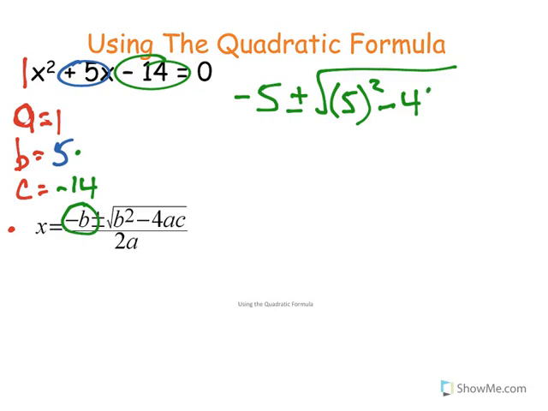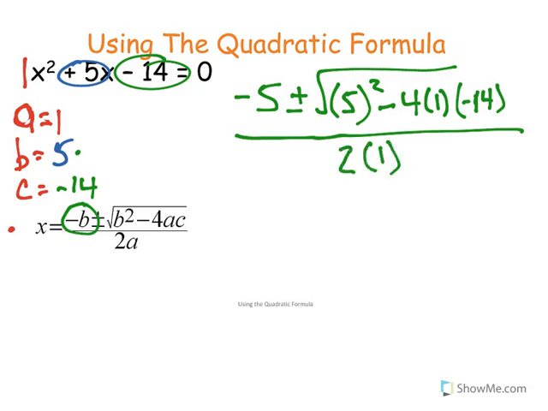Negative 4 times a, which is 1, times c, which is negative 14. And this whole expression, more like the tattoo, is going to be divided by 2 times a, which oftentimes is 1, but not always.